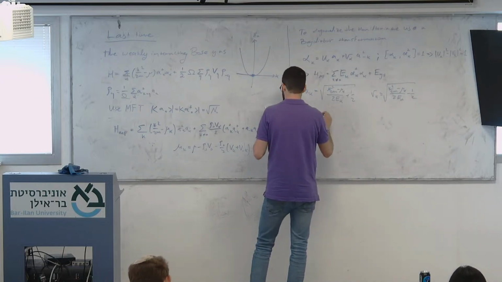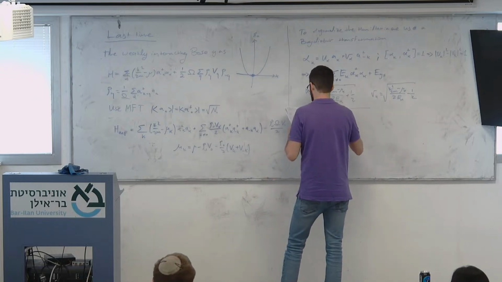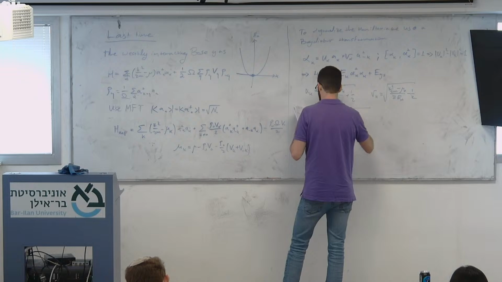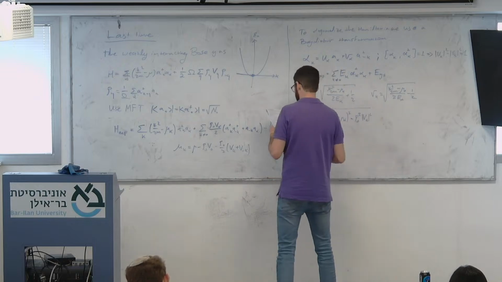E k, the excitation spectrum, was the square root of (k squared over 2m minus mu k) squared minus rho naught squared v k squared.